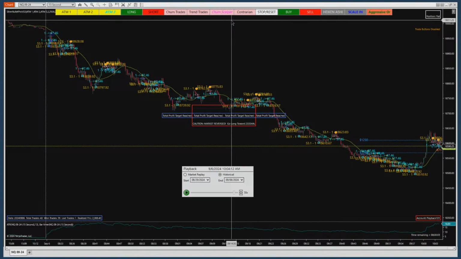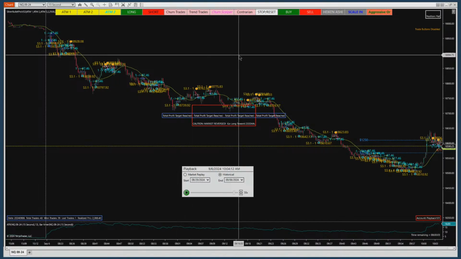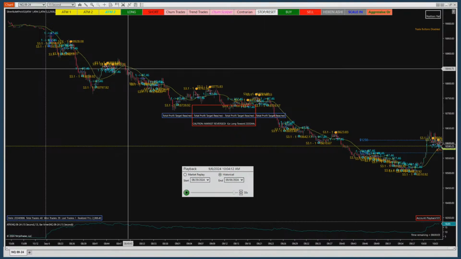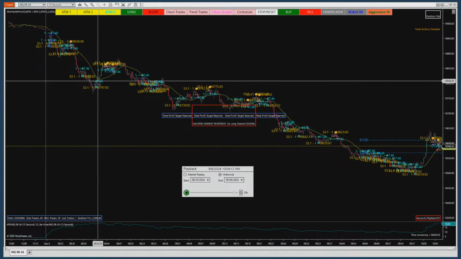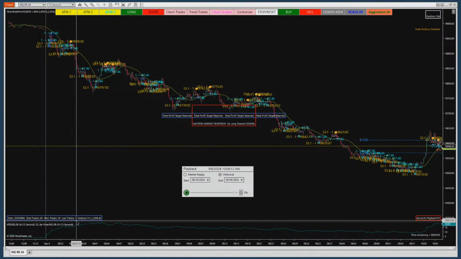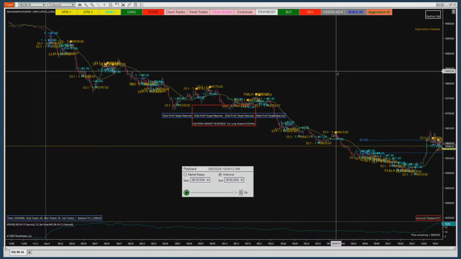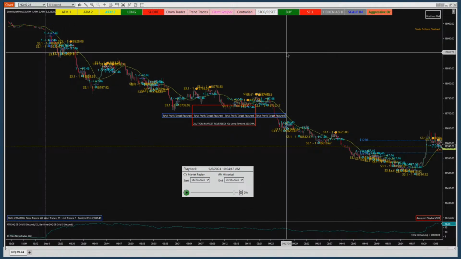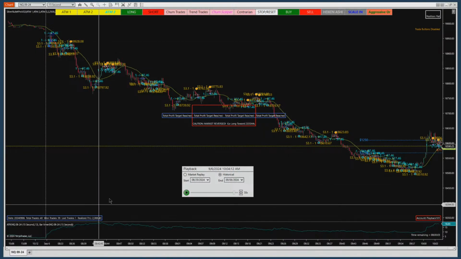So I guess I covered most of the important features of this software. It showed how it took trades, profitable trades, and it also recovered from a loss. What I might not have shown you is the scaling feature.